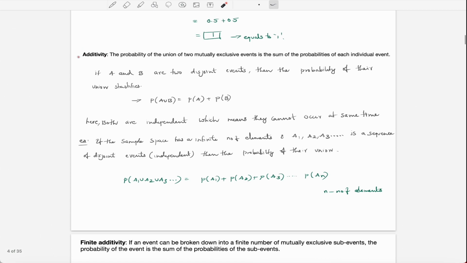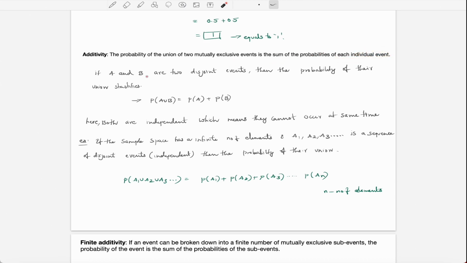After that we have additivity. So what do we mean by additivity? The probability of the union of two mutually exclusive events is the sum of the probabilities of each individual event.